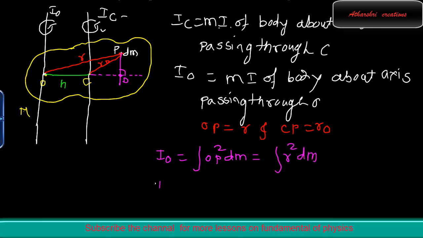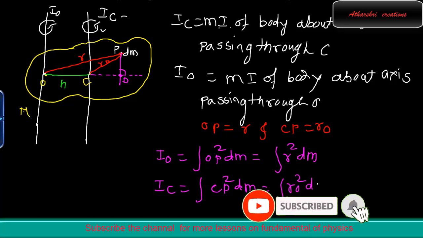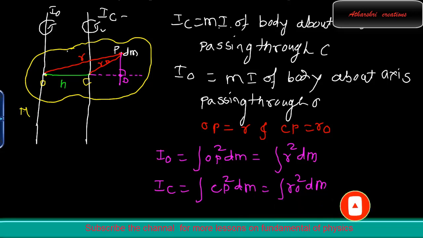And the moment of inertia of this body about the axis passing through the center of mass is equal to the integration of CP square dm, which is equal to R0 square into dm.